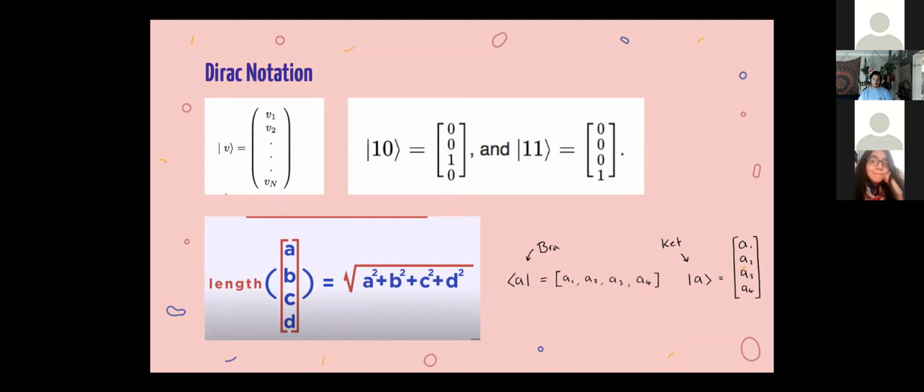Vectors are represented as qubits via Dirac notation, which is a line with numbers in between it and then a caret symbol. If you square the amount of numbers inside of the notation, that is how big your one-dimensional vector is, and that represents how many states are representable based on how many qubits you have.